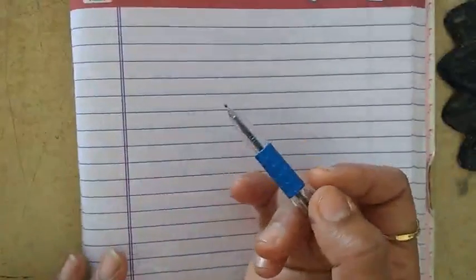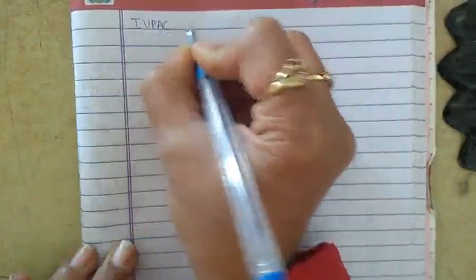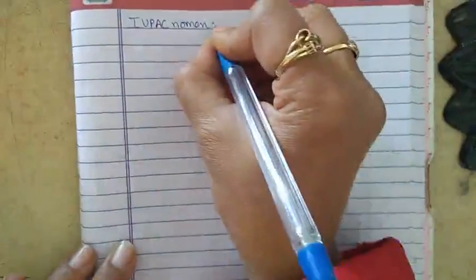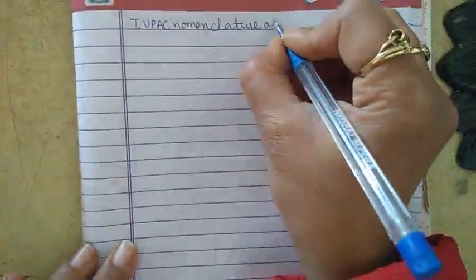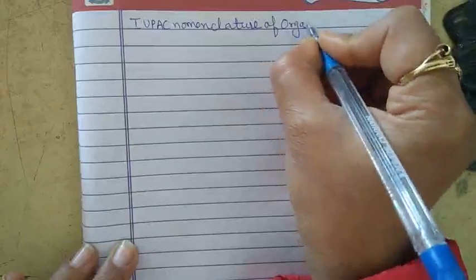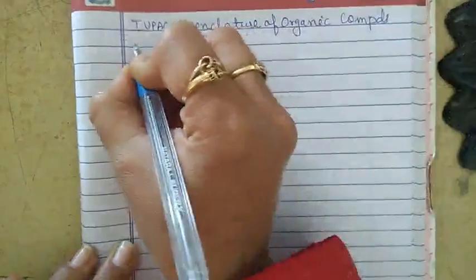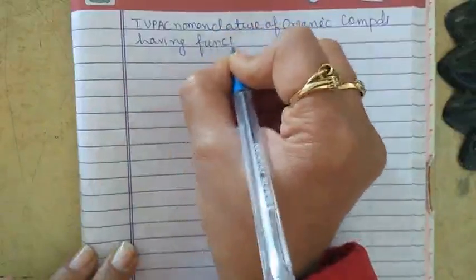Now the next topic is IUPAC nomenclature of organic compounds having functional group.